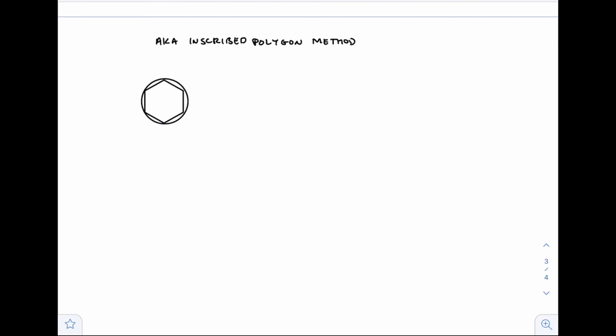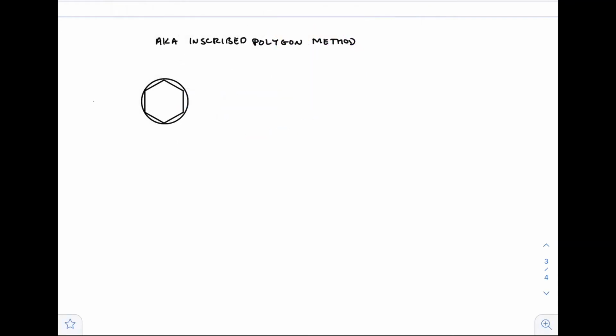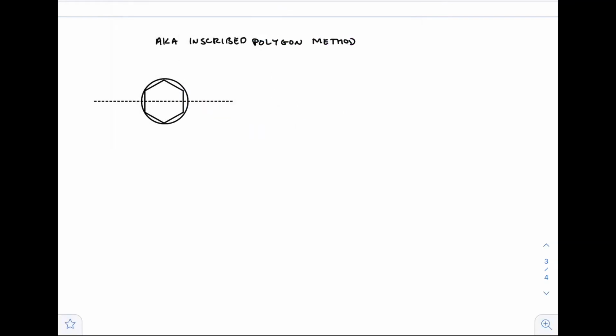Okay, almost like a tangent line, right? And then what you do is you draw a dotted line going through the center of that ring in the horizontal plane.